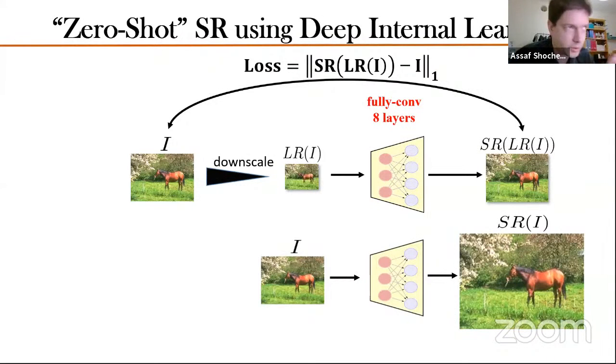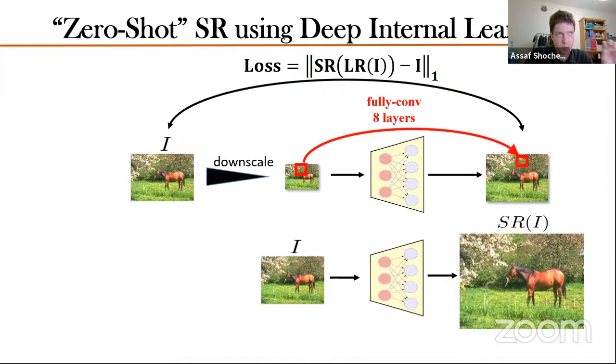The reason it works, going back to the preliminaries we talked about before, is that a fully convolutional network trains on image patches. This specific network was trained to solve super resolution specifically for patches from this downscaled image we have there.